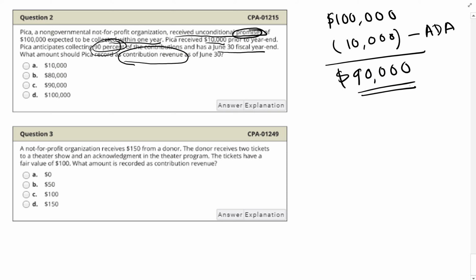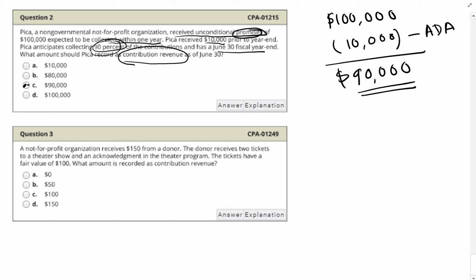Now the answer is actually C, and this is what they are going to record as their contribution revenue, because it is very common. You will see that for unconditional pledges we show it as a revenue, but we also check how much we will be able to collect.